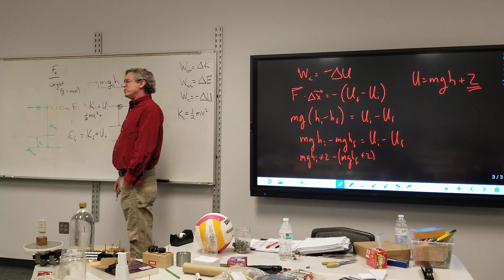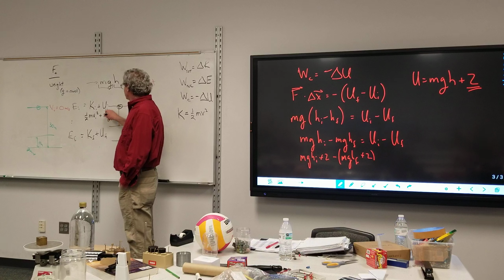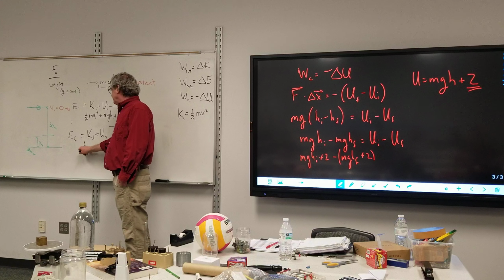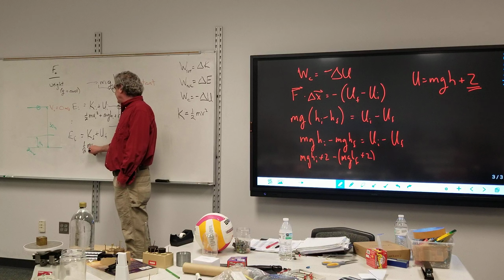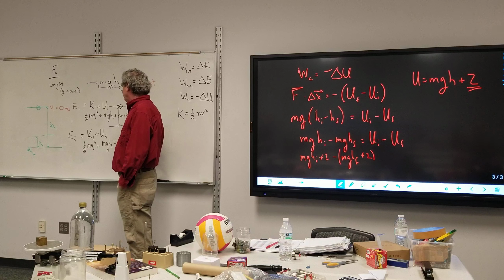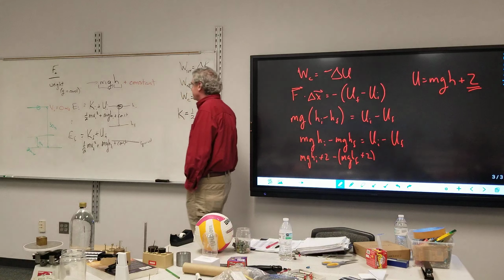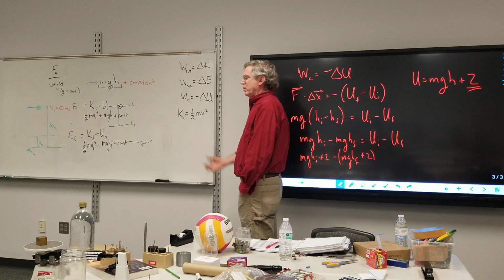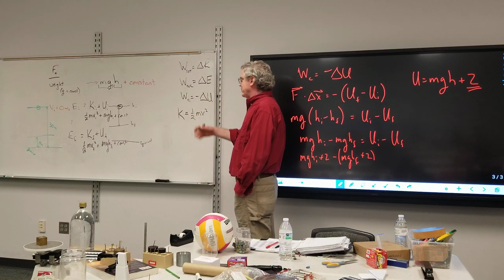Formula for potential energy when the force is weight: mgh plus some constant. And then same thing here, except let's say final on it: plus mgh final plus that same constant. Let's see what we can get rid of. Is any of the stuff equal to 0?